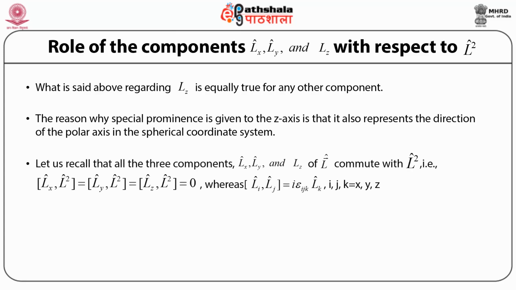Let us recall that all the three components, operator Lx, operator Ly, and operator Lz of operator L commute with operator L square. That is, the commutator of operator Lx with operator L square is equal to the commutator of operator Ly with operator L square.